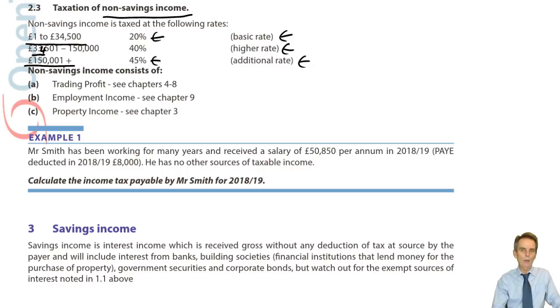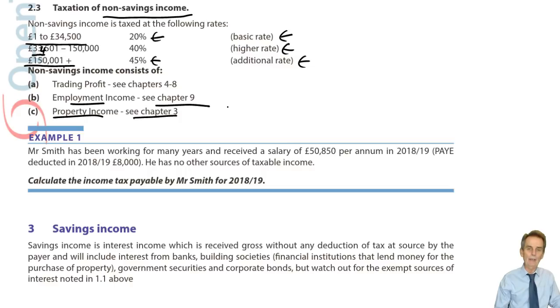Now we just said what non-savings income is made up of. The property income, the employment income. We'll be looking for each of those at the employment income received, less any allowable deductions therefrom. The property income received, less any allowable deductions therefrom. And the property income we sort out in Chapter 3, and the employment income in a rather extensive chapter, Chapter 9.